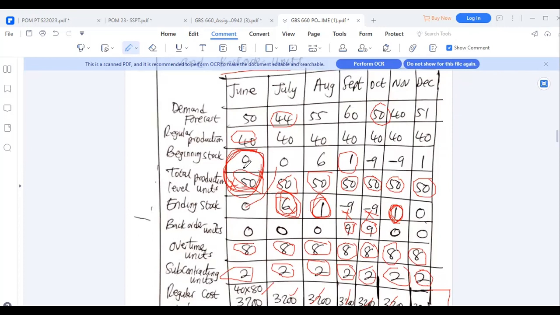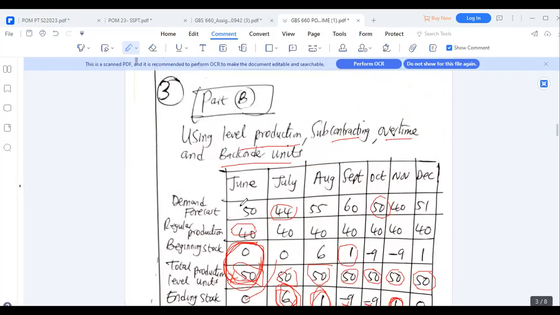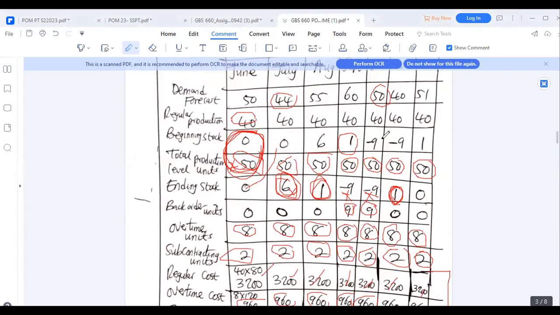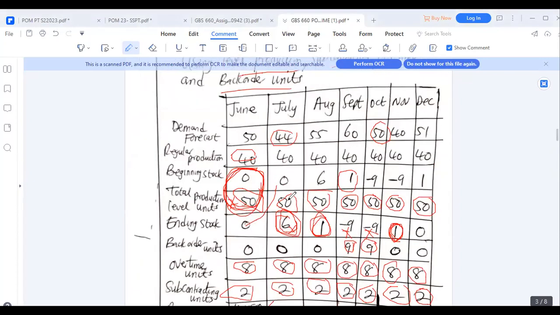Then we can say our ending stock is equal to beginning stock plus production minus what? Demand. So here, ending stock is equal to beginning stock plus production minus demand. Then we can see that we are carrying inventory here. All right, so like in the first one, we didn't carry any inventory. The other one, we carried inventory of 6 that we also carried to August. From there now, we had an ending stock of 1 in August, September beginning stock of 1.